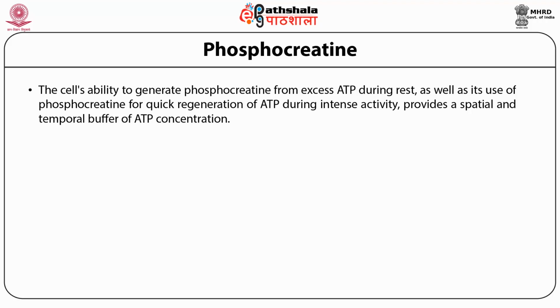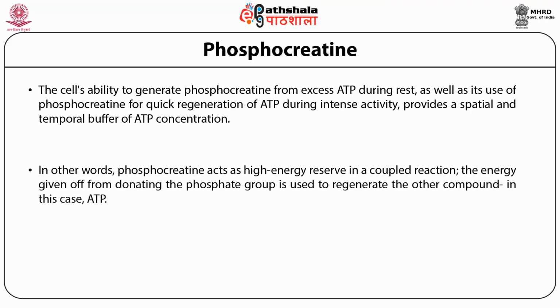The cell's ability to generate phosphocreatine from excess ATP during rest, as well as its use of phosphocreatine for quick generation of ATP during intensive activity, provides a spatial and temporal buffer of ATP concentration in the muscles. So in other words, phosphocreatine acts as a high energy resource in the coupled reaction: the energy given from donating the phosphate generates another compound, in this case ATP.